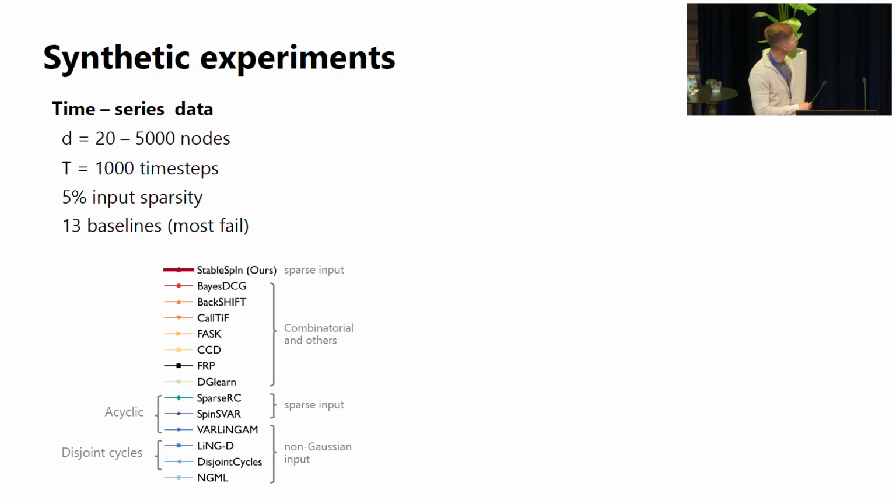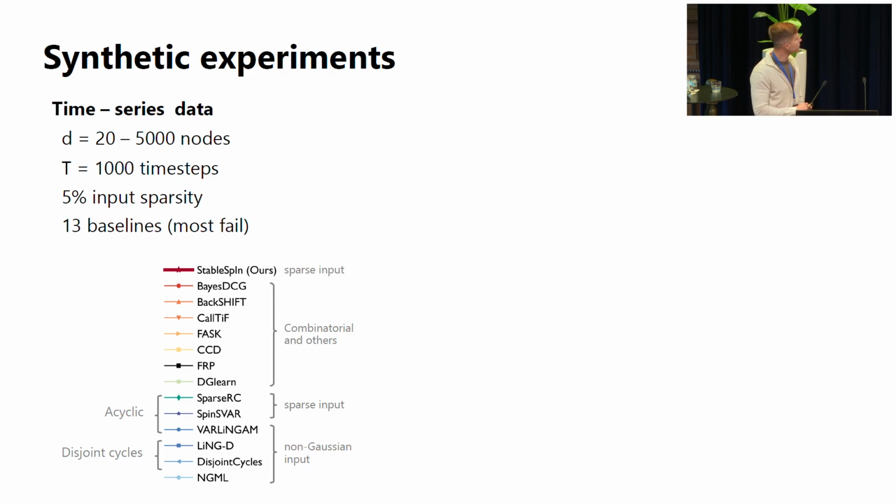So analyzing a bit the baselines, the first is our method called stable SPIN. Then we have some methods that work with acyclic data. The first two softly enforce acyclicity, so we can still use them for cyclic graphs. The third one would still find a DAG, so it will make errors.